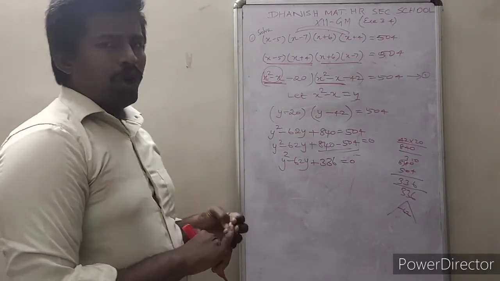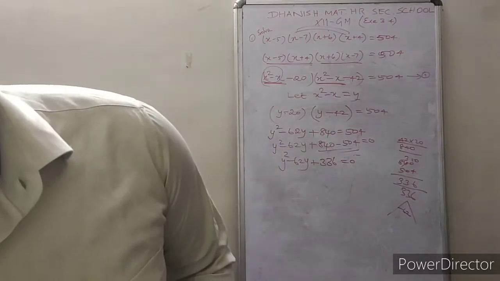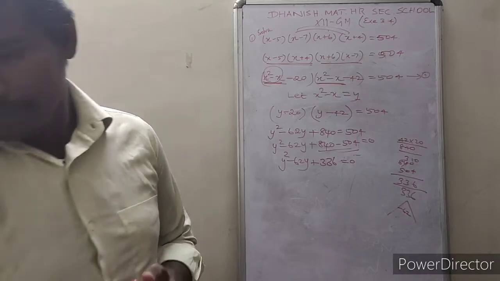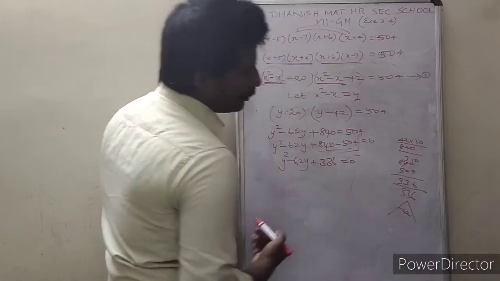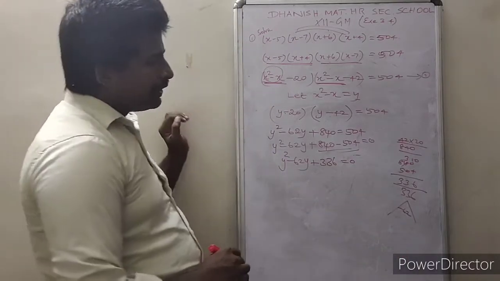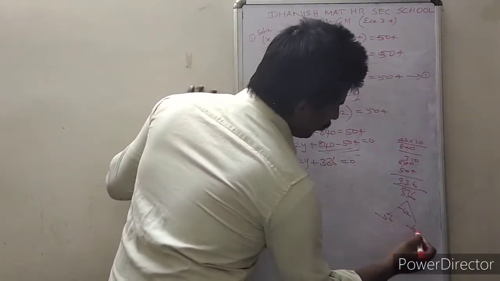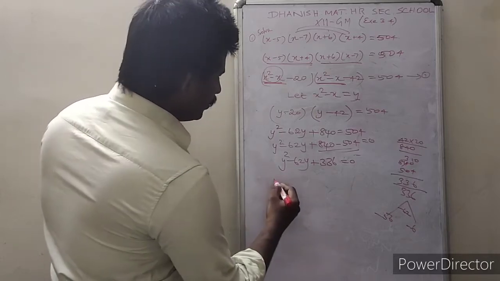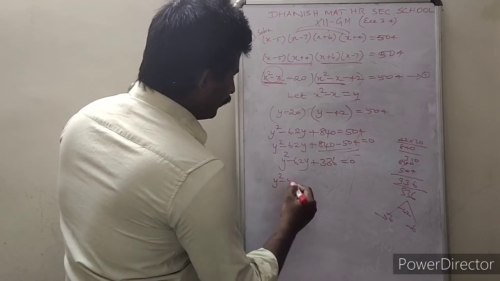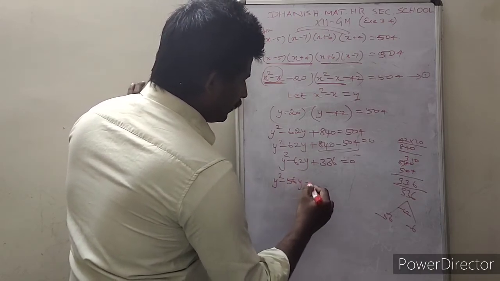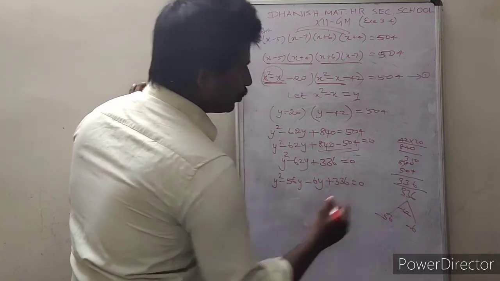So what will be the required numbers? Our multiplicative factor is 336, our additive factor is minus 62: 56 and 6, both with minus signs. So y square minus 56y minus 6y plus 336 equal to 0.